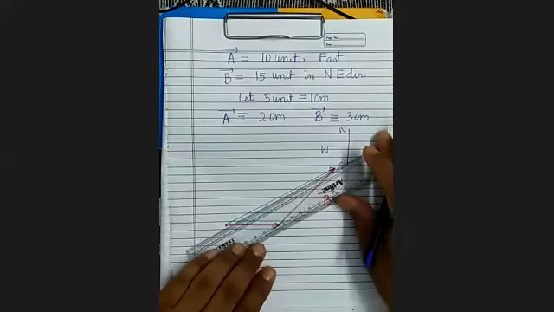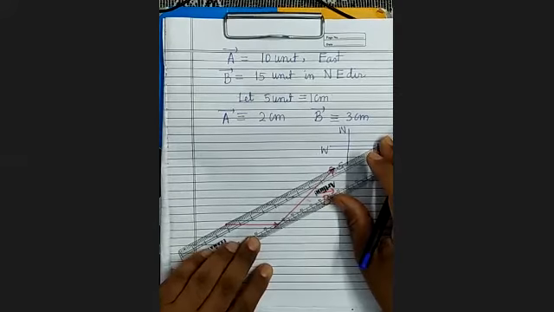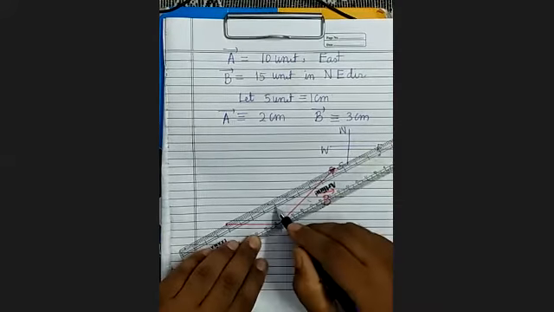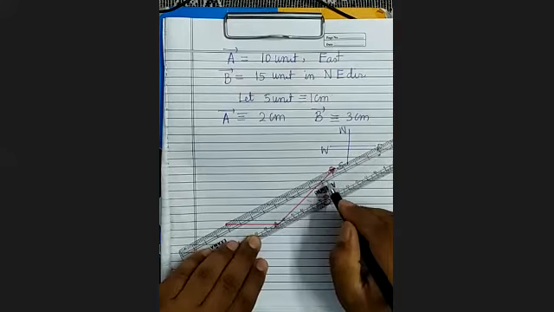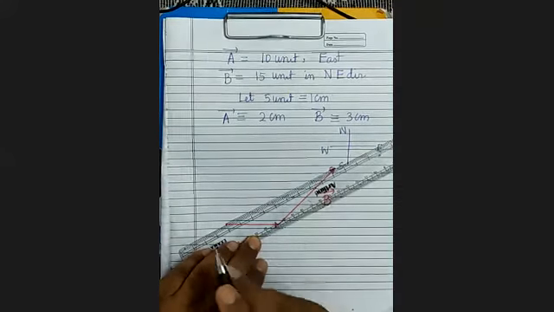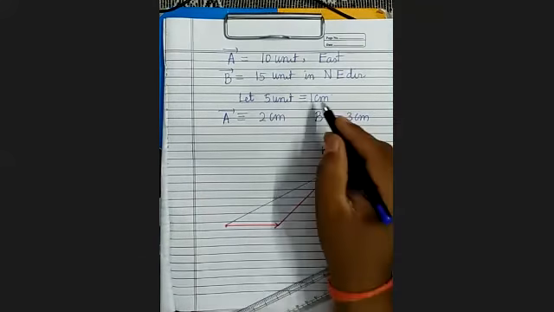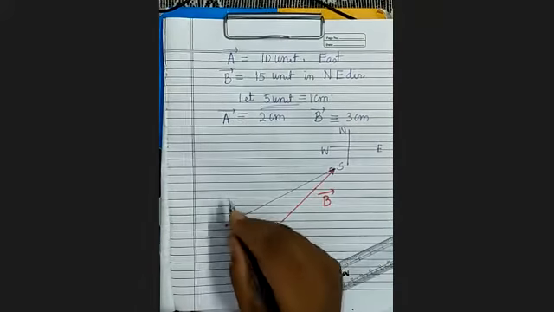Now you measure its length. One, two, three, 4. This 4.5, 4.6. This will be nearly 4.7. 4.7 into 5.